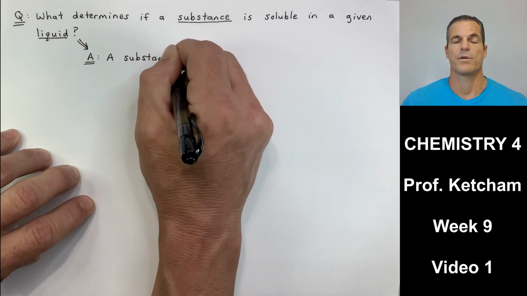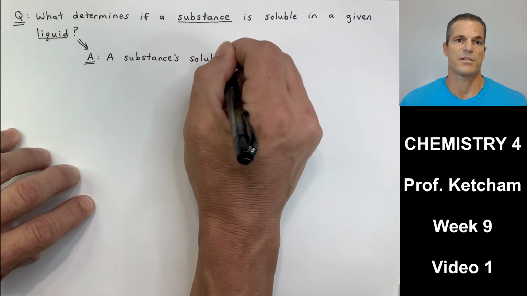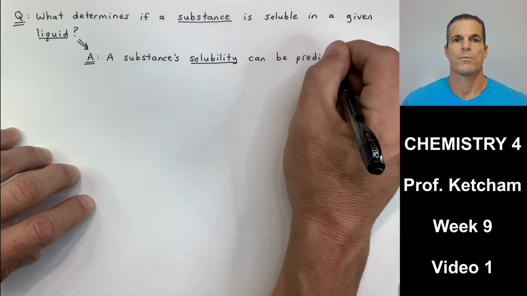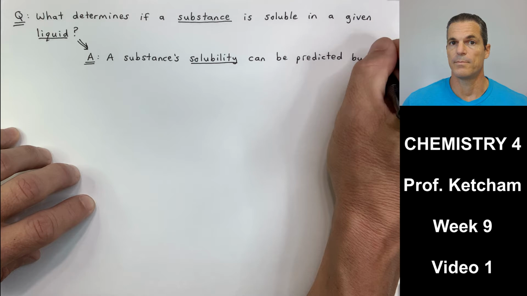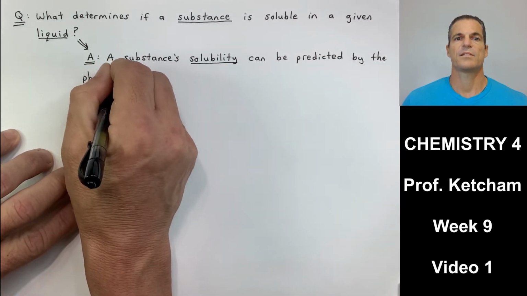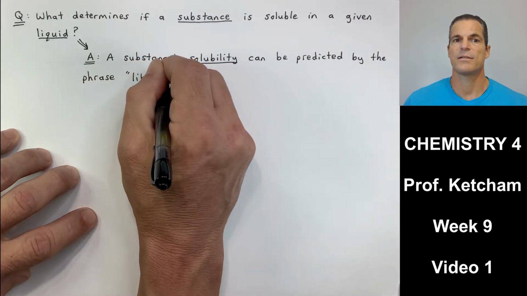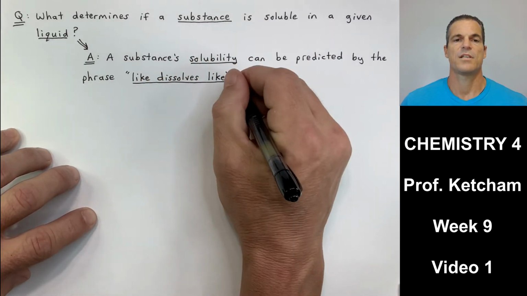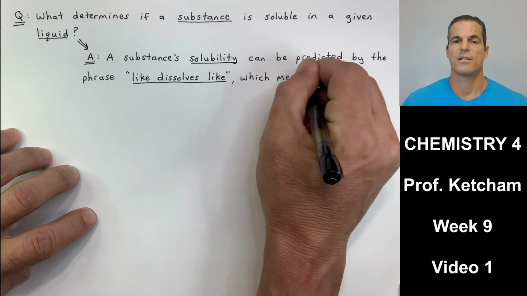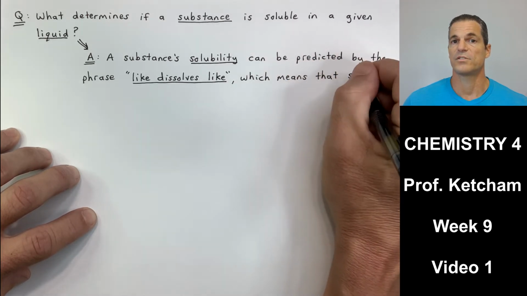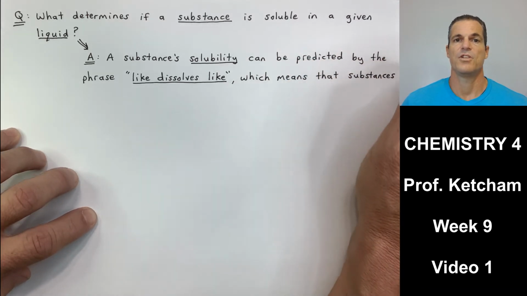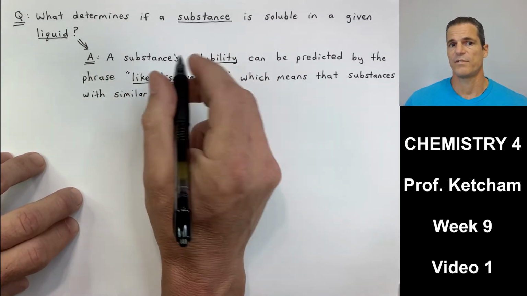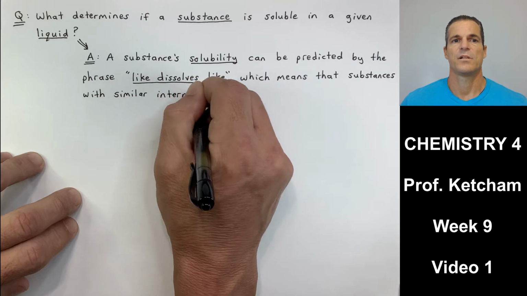So the answer to this question is a substance's solubility, whether or not a substance is soluble in something, can be predicted by the phrase like dissolves like. Essentially, polar substances are going to dissolve in a polar solvent, and nonpolar substances are going to dissolve in nonpolar solvents.